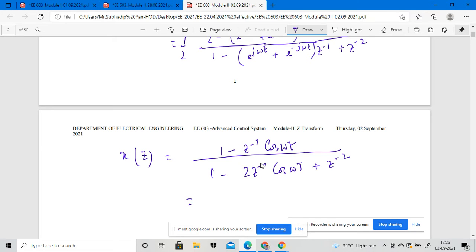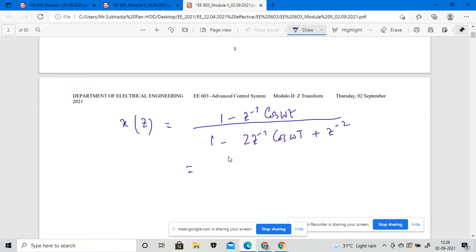Okay, again if I simplify these things, then it will come z square minus z cos of omega t divided by z square minus 2z cos of omega t plus 1.